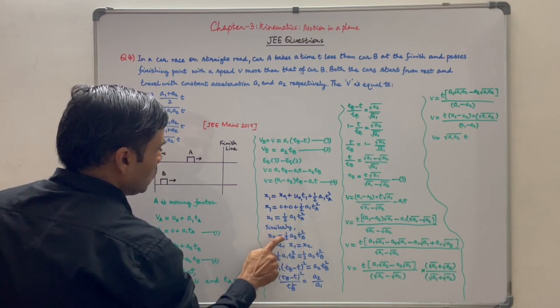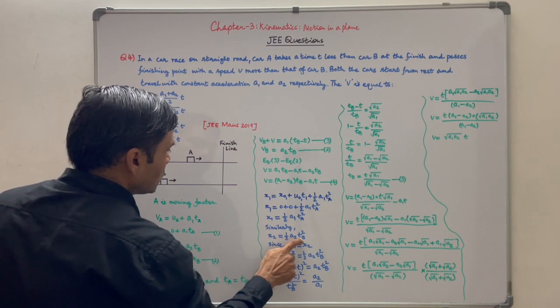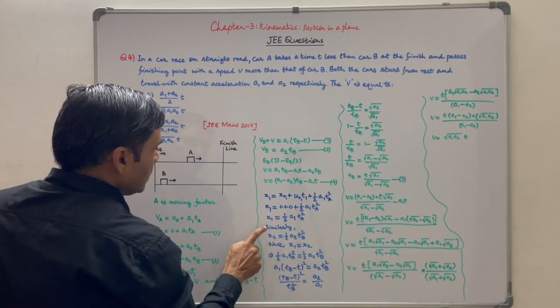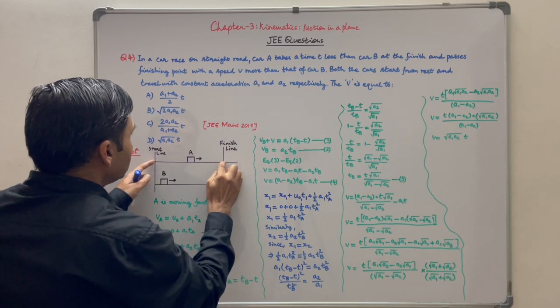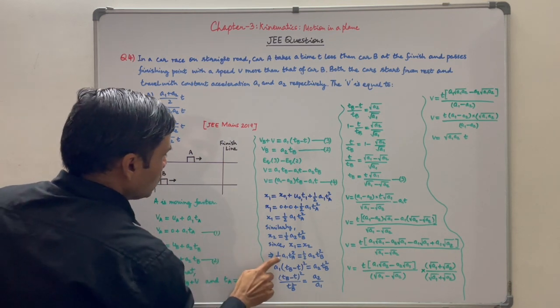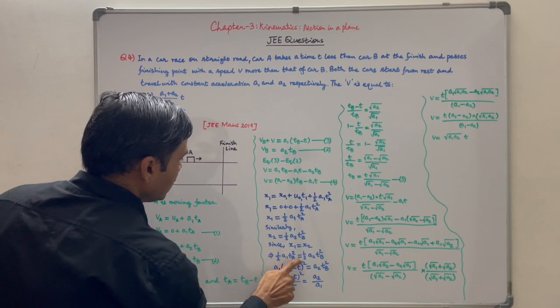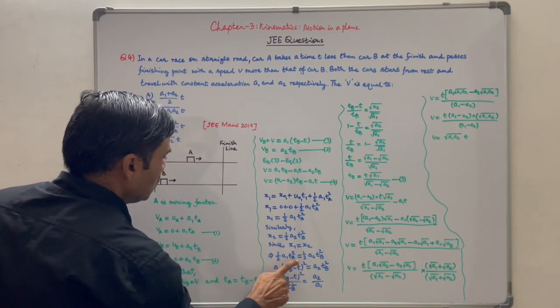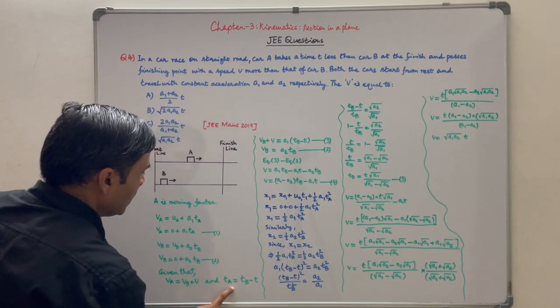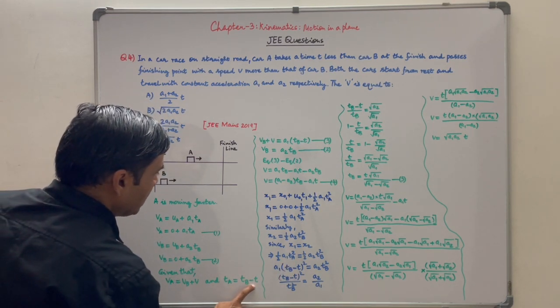Similarly, x2 is equal to 1 by 2 a2 tb square. Since x1 is equal to x2, as this is the distance between start and finish line, 1 by 2 a1 ta square is equal to 1 by 2 a2 tb square. Put the value of ta from here, as ta is equal to tb minus t.